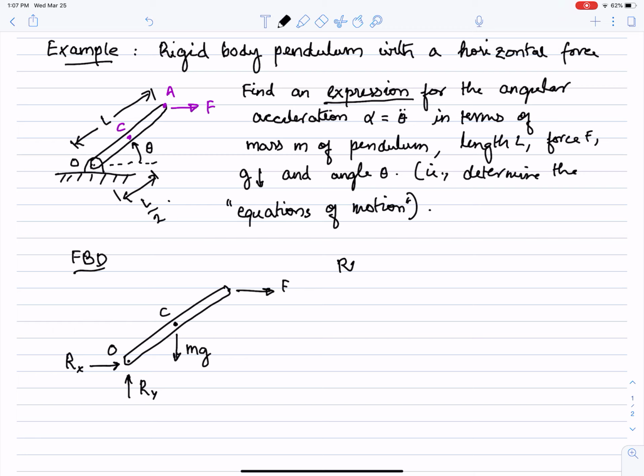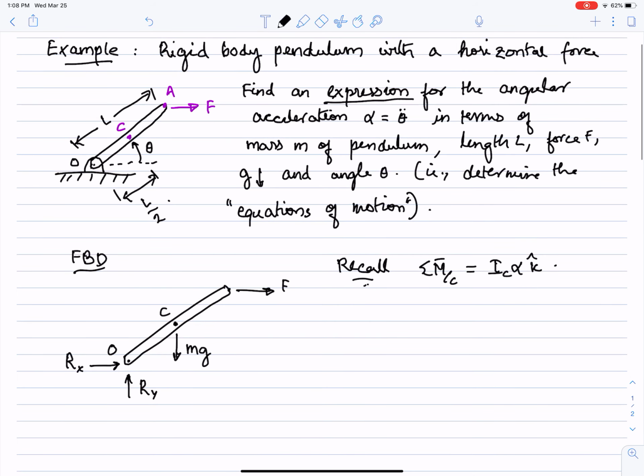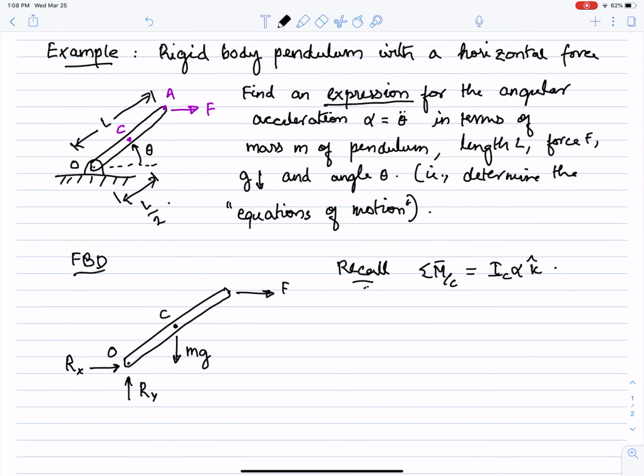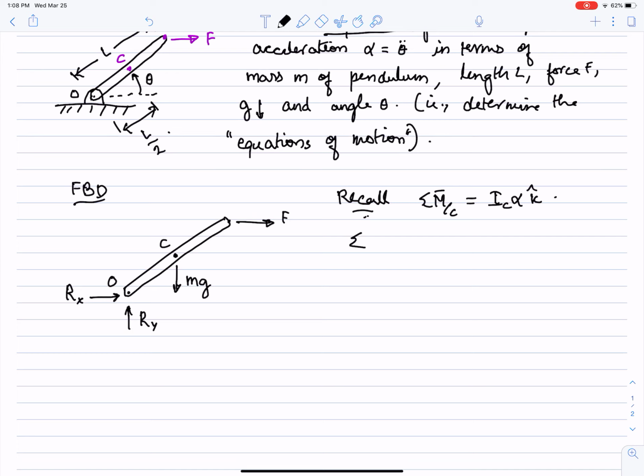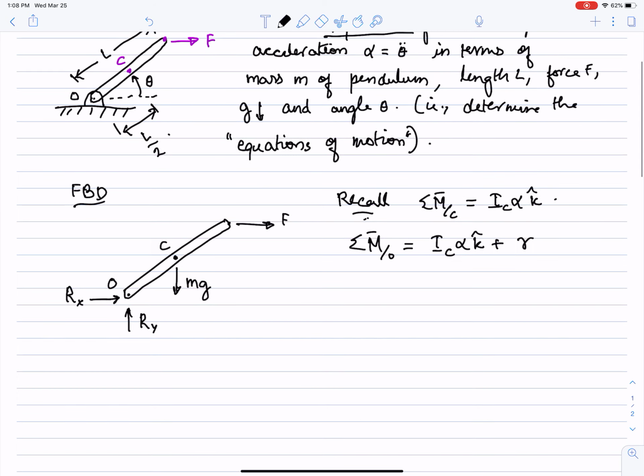Recall, the sum of moments about the center of mass is basically I about the center of mass times alpha in the k direction. And if you want to take moments about a different point, let's say about point O, then the sum of moments is equal to still I_C alpha plus r_C with respect to O cross m a_C.